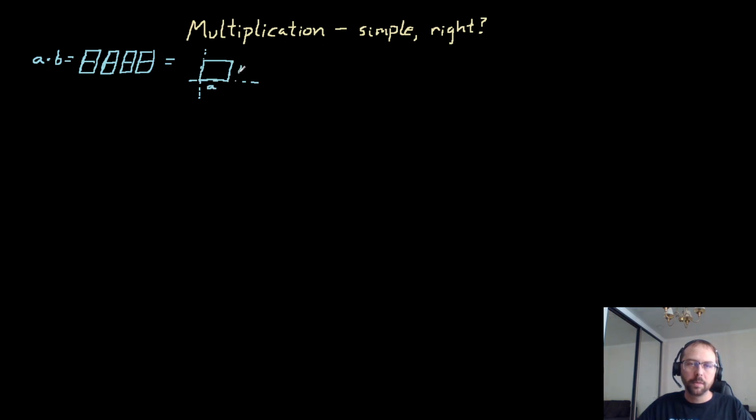So then we know that A times B is represented by the area of this rectangle. So that is another representation of multiplication. We're also going to use that when we talk about integration and sums.